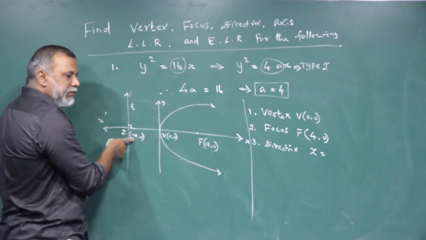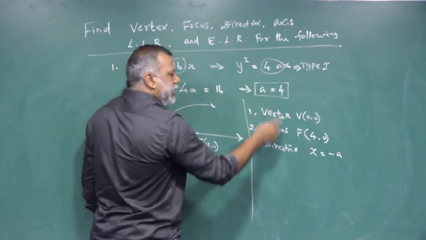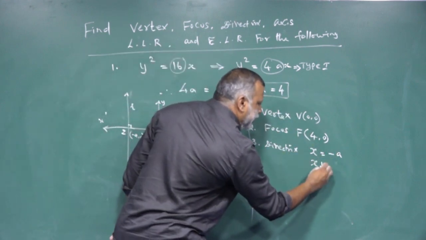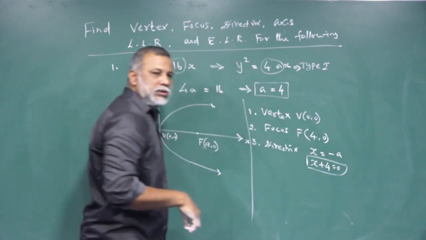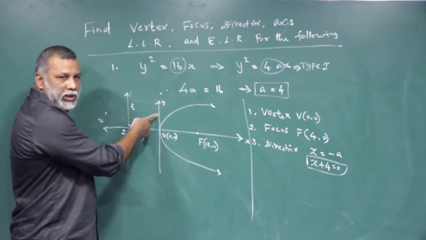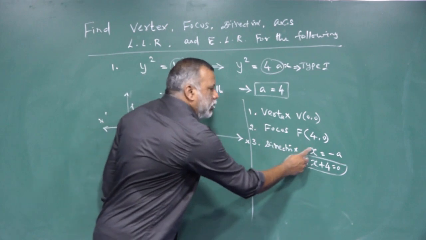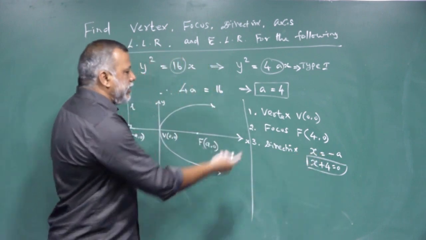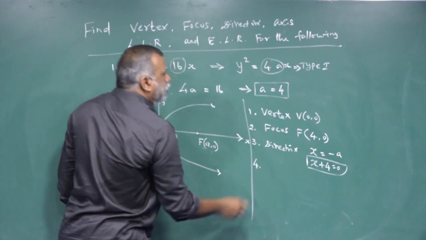What is the constant here? Minus a. X equal to minus a. We already worked out the value of a. Therefore, convert into the same side, x plus a, so x plus 4 equal to 0. So this line is the directrix, parallel to Y axis. Any line parallel to Y axis has equation x equal to constant. Instead of that constant, here we have the value 4. So just substitute.